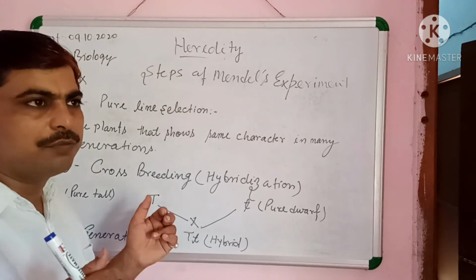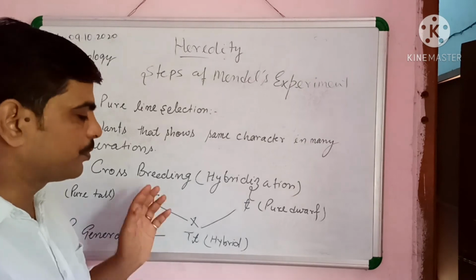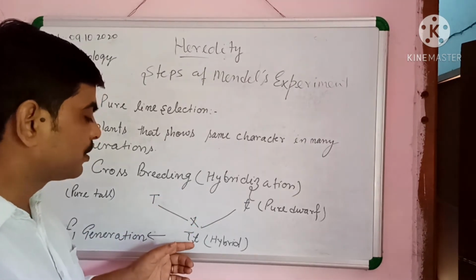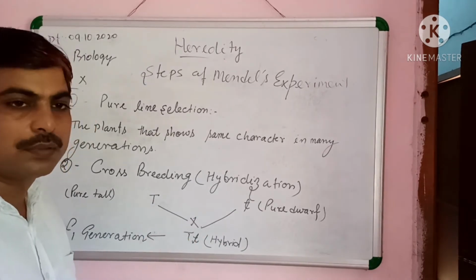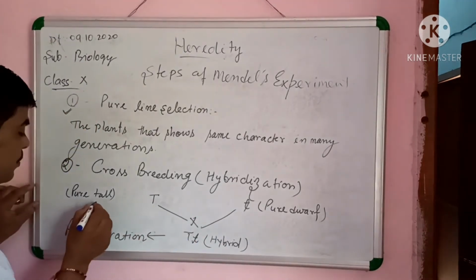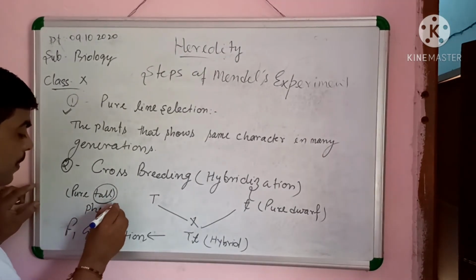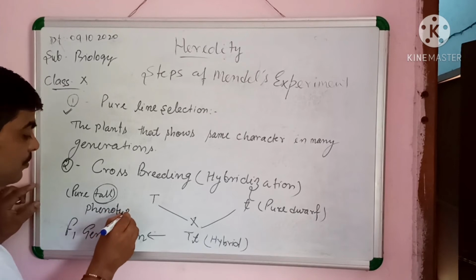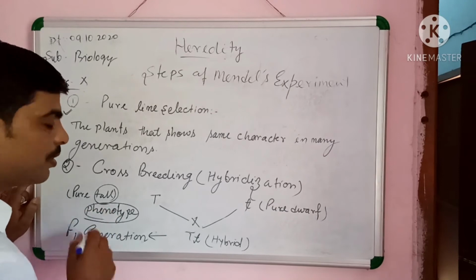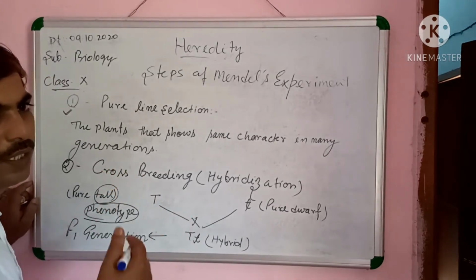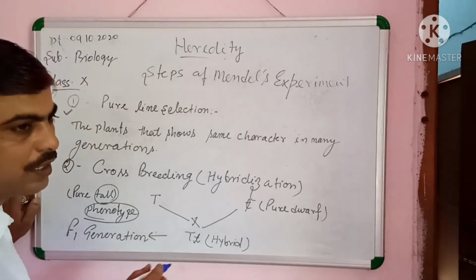Now when Mendel crossbred tall pure line plants, the coming generation has the characters of both, the TT. See here, this tallness is the phenotype that is visible. Tallness is phenotype because we can observe it, whether the person is tall or of short height.